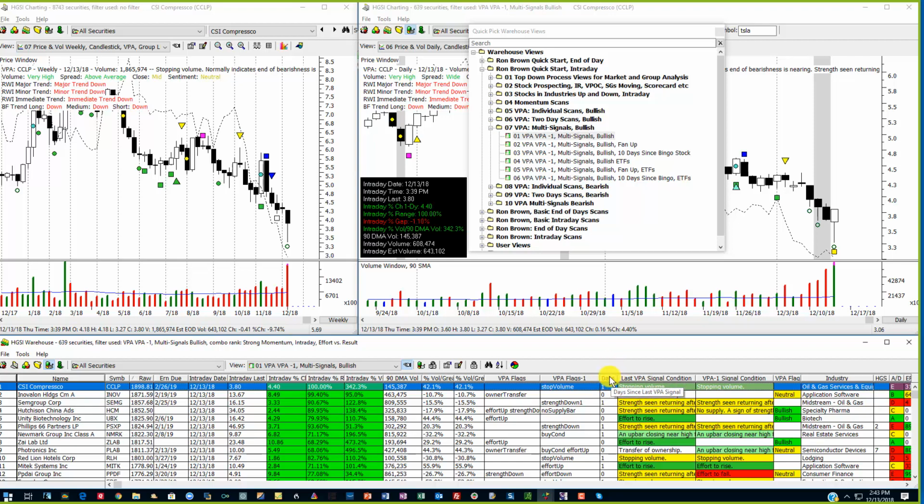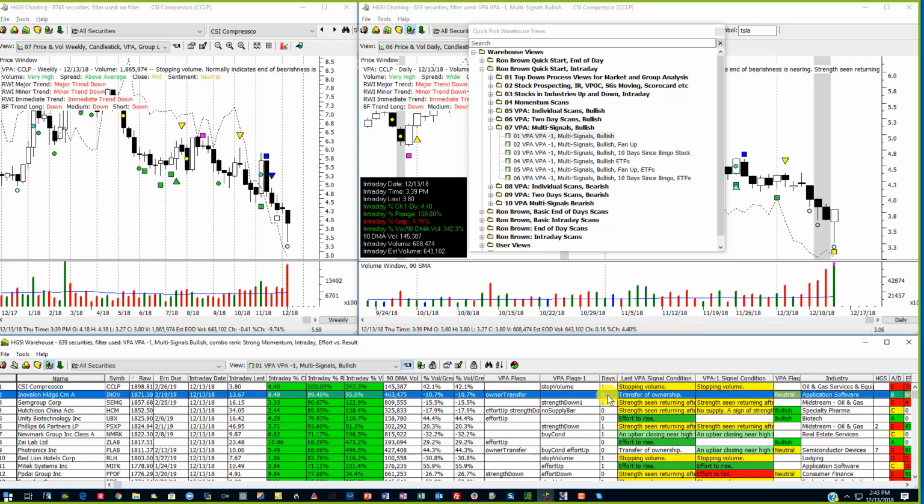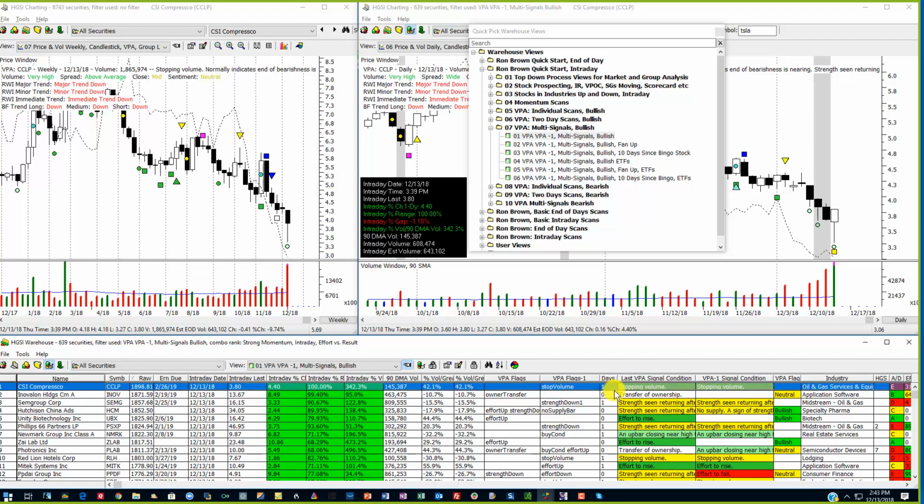I didn't mention this, I'm sorry about that too. If it's a 0, it happened yesterday and the prior day. If it says 1 in here, it happened the prior 2 days, and you can see that showed up right there. But if you're doing this intraday, just look at the top stocks, and especially look at the ones that are holding up as you get late into the trading day, where we are now.